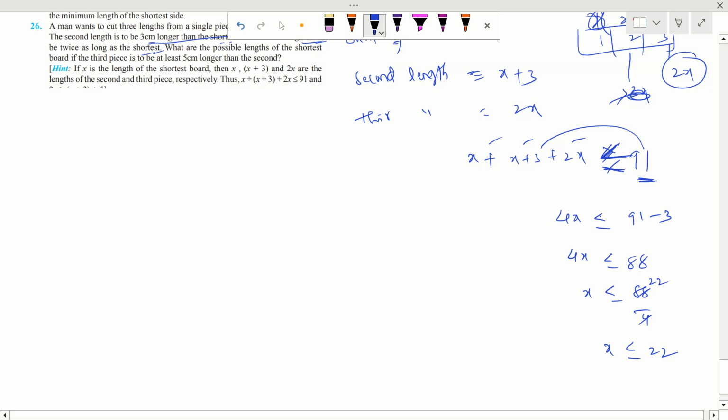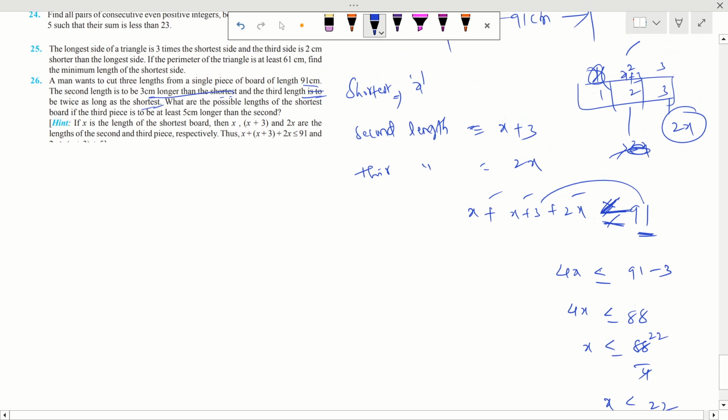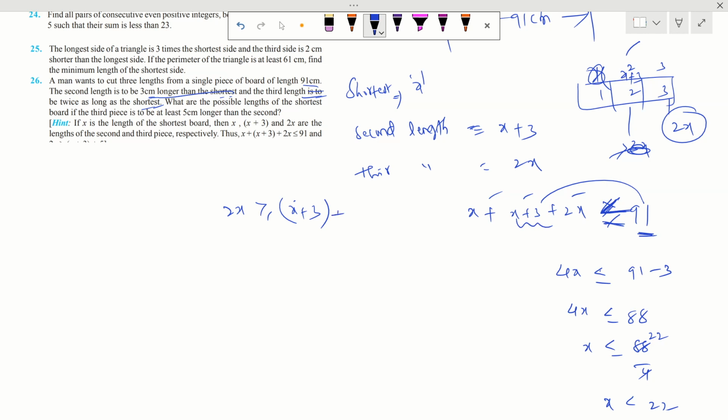And one more statement is given: what are the possible lengths of the shortest board if the third piece, 2x, is to be at least 5 centimeter longer than the second? This 2x should be greater than or equal to the second one, x plus 3, plus 5.